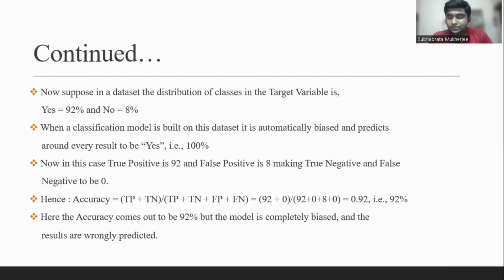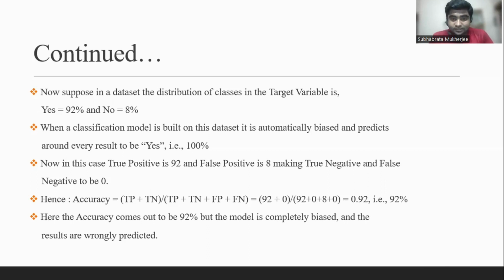So what is the accuracy then? Accuracy will be true positive plus true negative divided by the total predicted values. True positive here is 92 and true negative here is 0. And the total predicted values are 92 true positive plus 8 false positive, that is 100. So our accuracy here is coming out to be 92%.